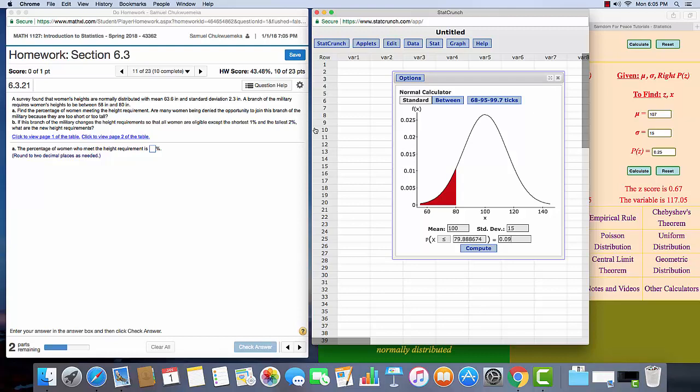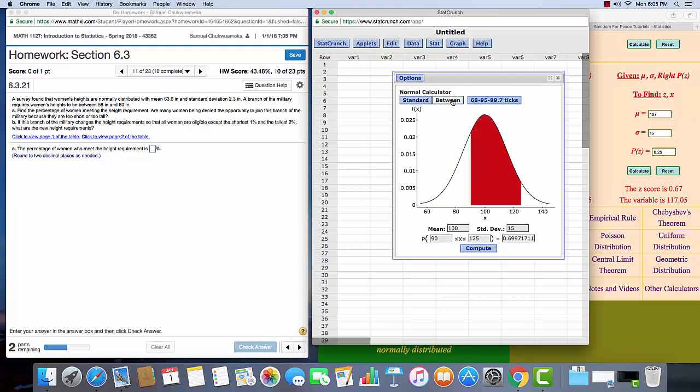A branch of the military requires women's heights to be between 58 inches and 80 inches. A. The percentage of women who meet the height requirement is what? So percentage is also probability, okay? And this is the requirement. They have to be between 58 inches and 80 inches.